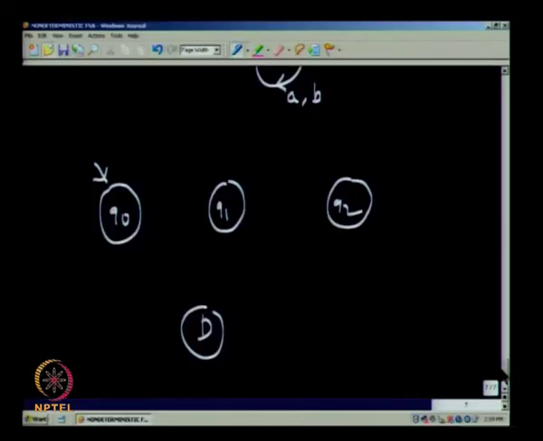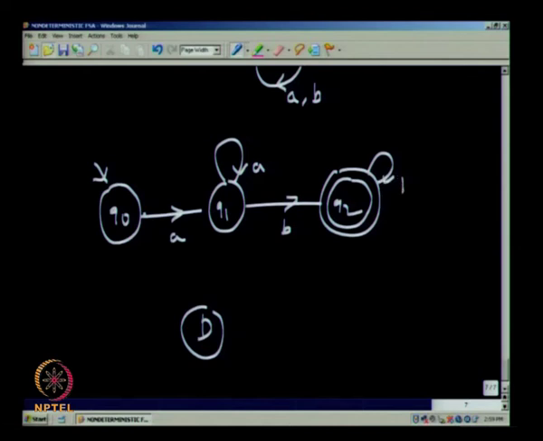The diagram, if the earlier one which you consider was like this. Now, what are the initial states?